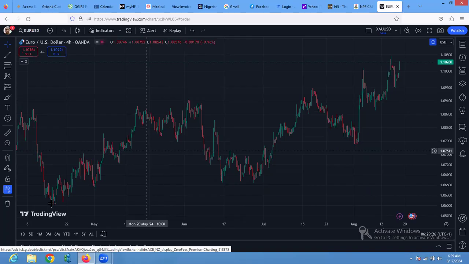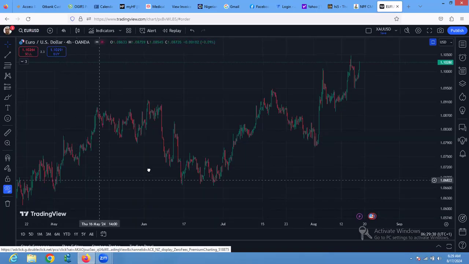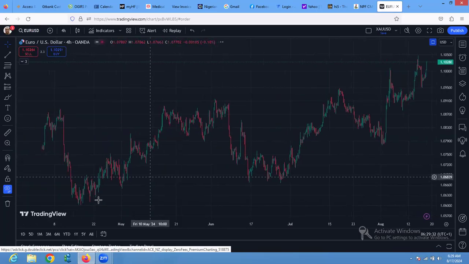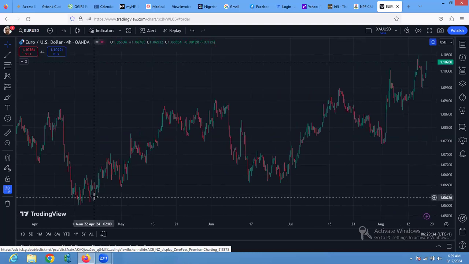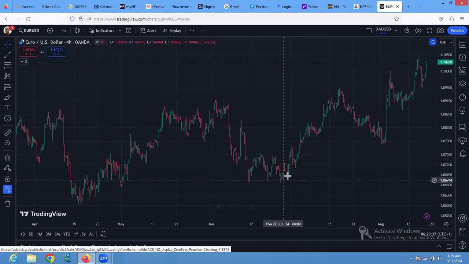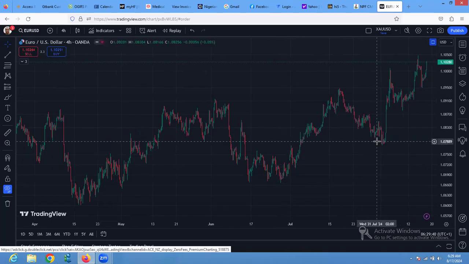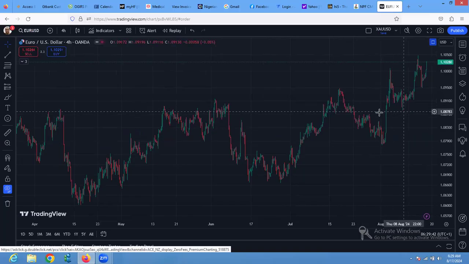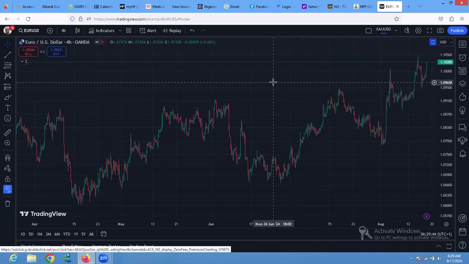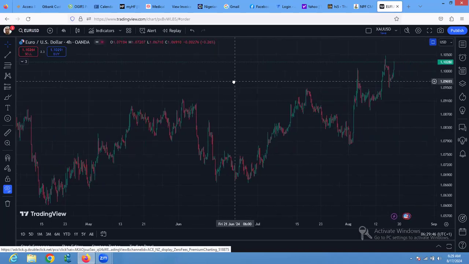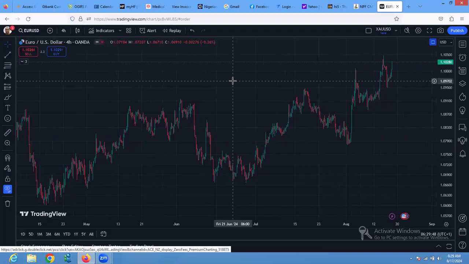For instance, I have trades here on euro dollar as low as this place. I'm still holding them. I have another one still holding at this level. I was not able to add here so far, but I will still get an opportunity to add. I still have those running; in fact, I had trades running for over 400 pips on euro dollar.